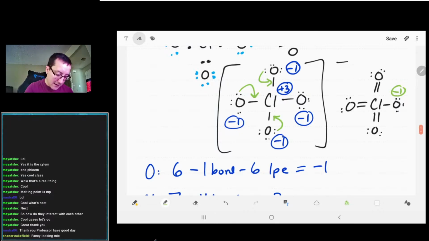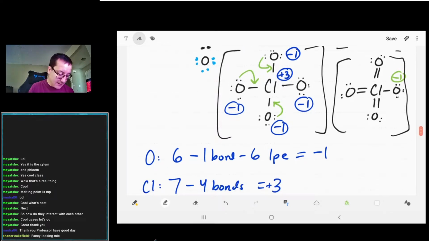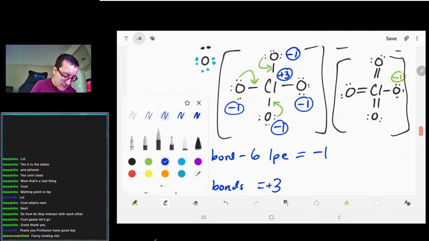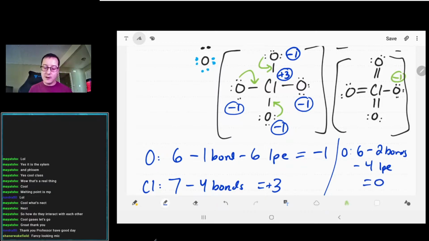And in fact, because this is an ion that has a -1 charge, there's not going to be a Lewis structure that gets rid of that. So we're going to see that all those oxygens, I'm totally out of space here, but we'll pretend, is now 6 minus 2 bonds minus 4 lone pair electrons equals 0.